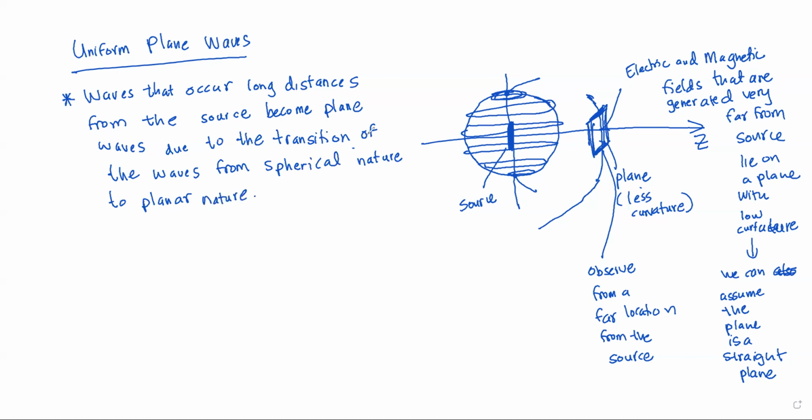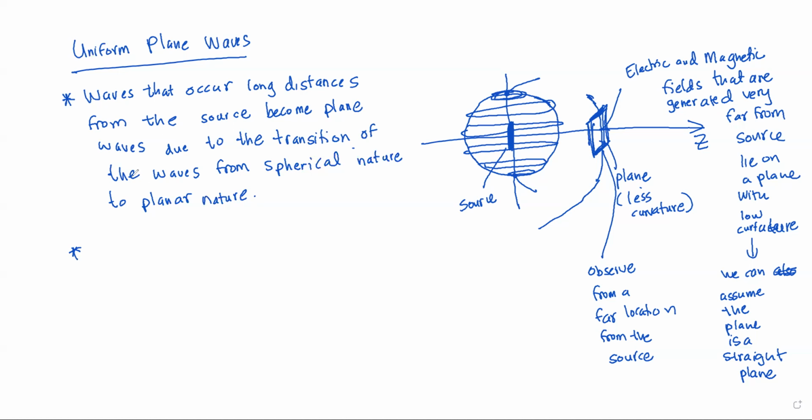So because of the transition from the spherical nature up to the planar nature, once the electromagnetic wave is traveling over a long distance from the source, the waves become plane waves, and the waves are observed to lie on a certain plane. So it is something that happens at a large distance only from the source.